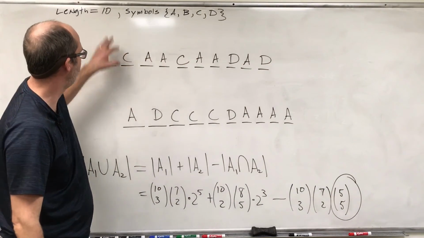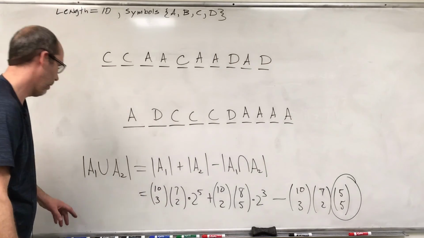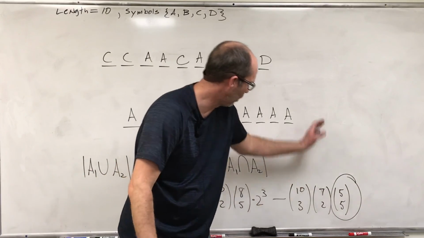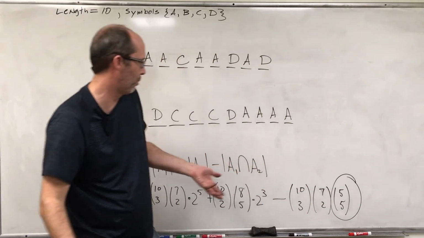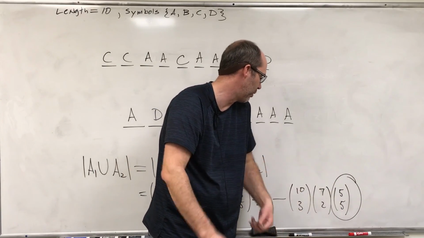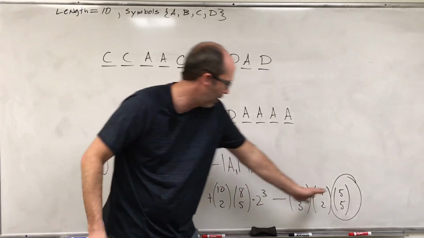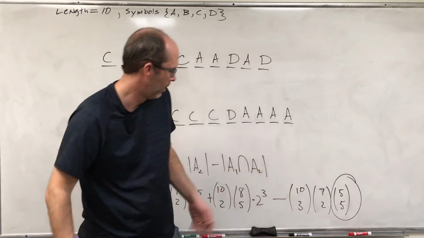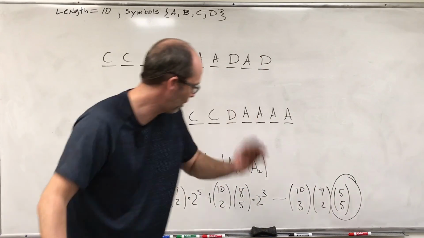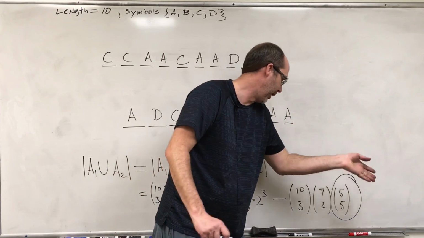There are many possible ways that these A's might end up when we count A1 intersect A2. But once those are chosen, there's only one possible choice at the end: all the remaining positions have to be A's.